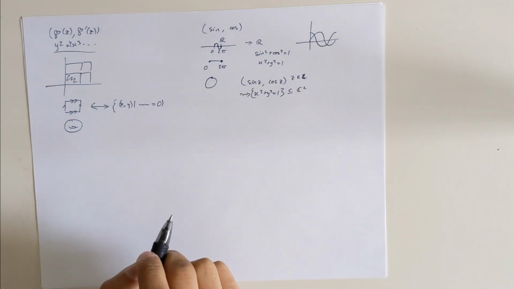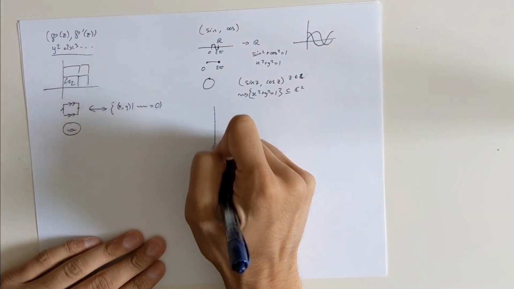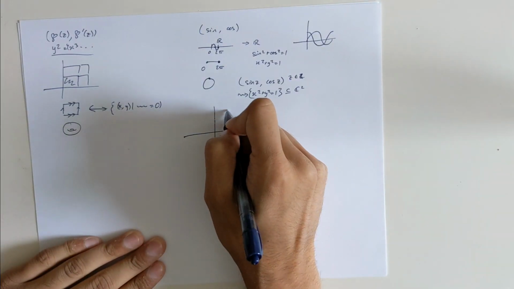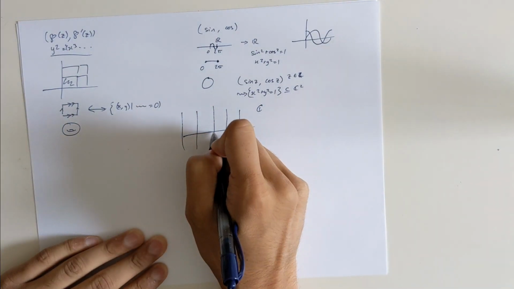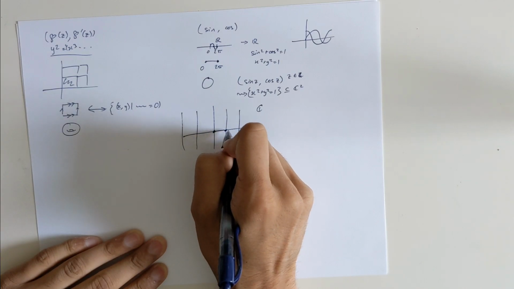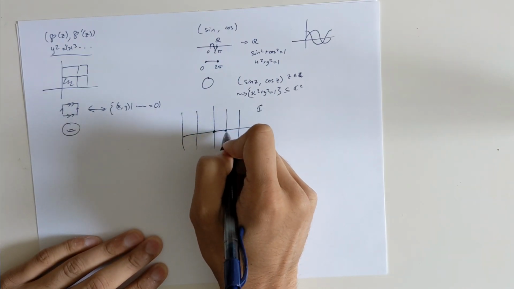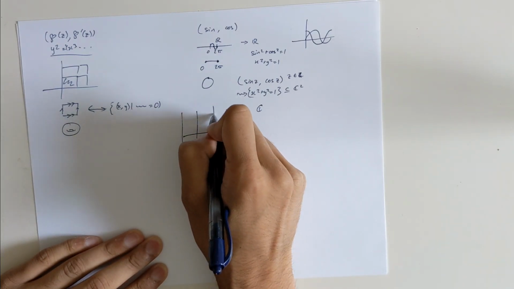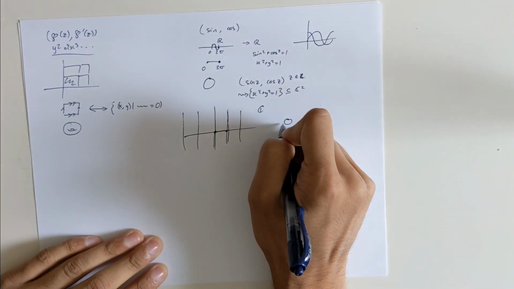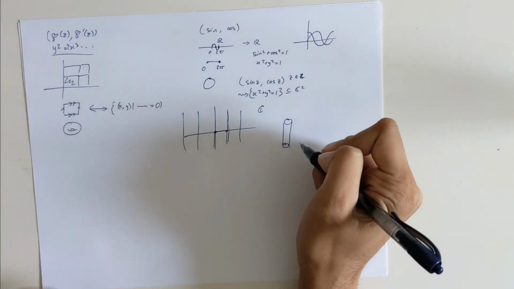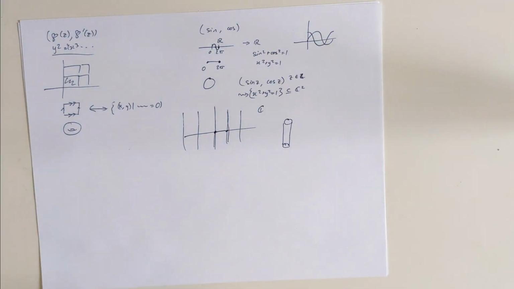Okay, so let's see here. What happens is we have our plane C, and we split it up into a bunch of intervals like this. Similar to how we took this interval and identified opposite sides, we can take this whole strip and identify opposite sides. And what we get is a cylinder. And it turns out you can explicitly do it out.